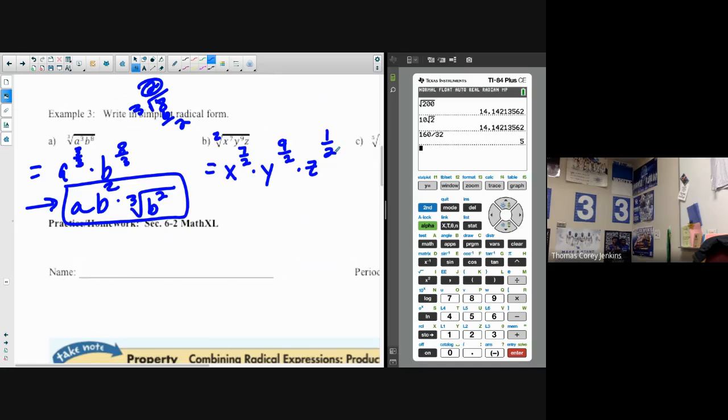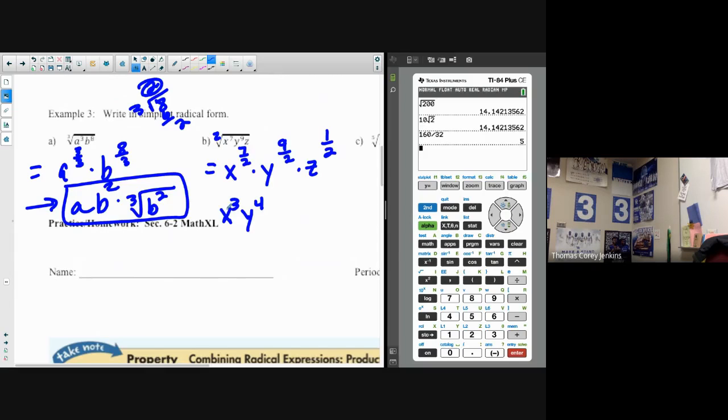So what comes outside, I think about that first. 2 goes into 7 3 times, so we have an x to the 3 outside the radical. We have a y to the, how many 2's into 9? That'd be 4. How many 2's into 1? That'd be 0. So no power of z comes out from under the radical.